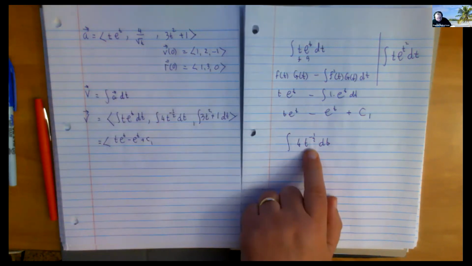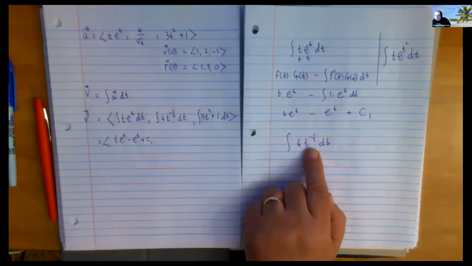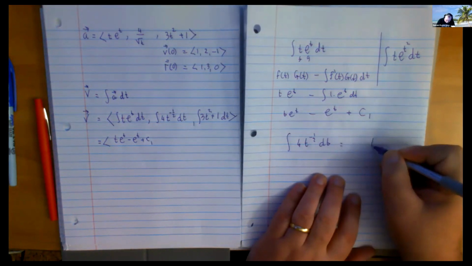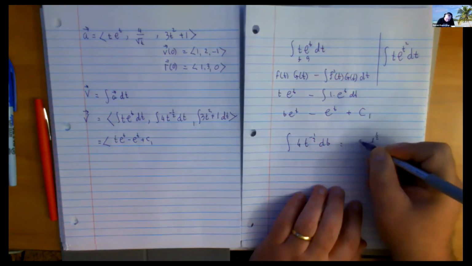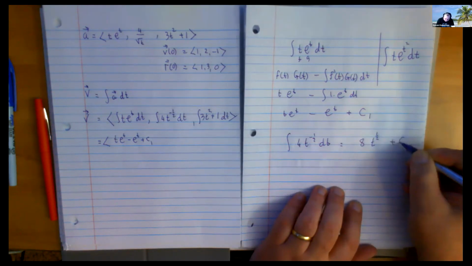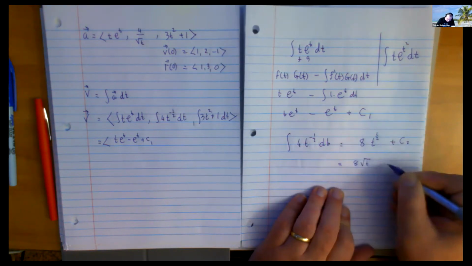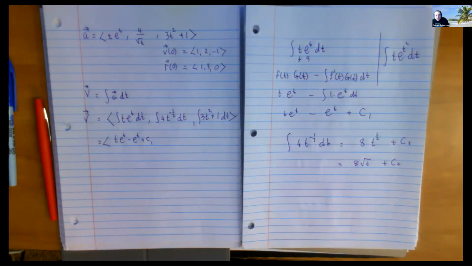But this fella can be integrated because it's a power rule. So I would add 1 to the power, and then I'd divide by the new power. And then I'd add an arbitrary constant. And then I would use the style point rule.